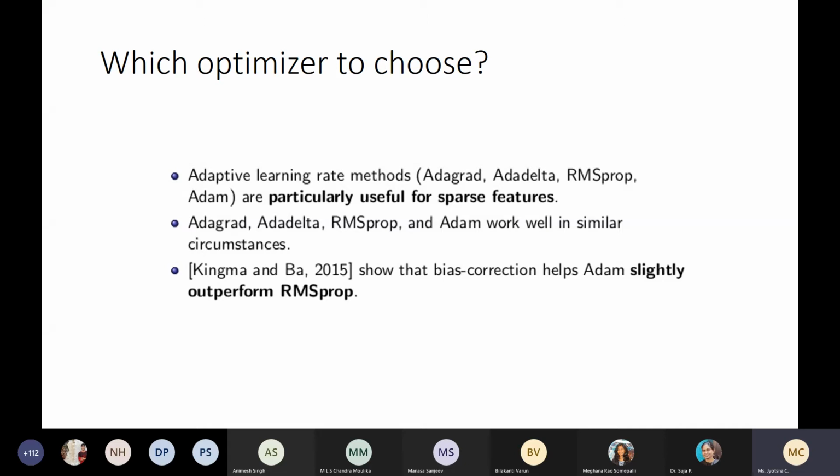Then you may change and check how RMS prop works, then maybe momentum, or many other algorithms. How all these behave for your application and your data, whether you are achieving faster convergence or not, you have to experiment and learn when you do the project.